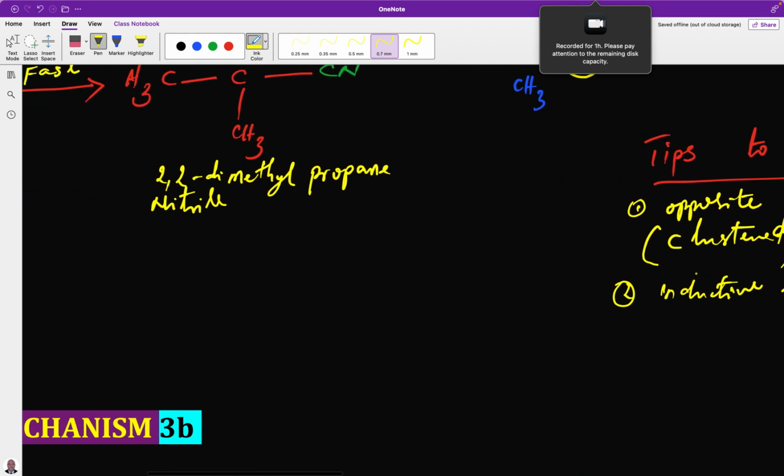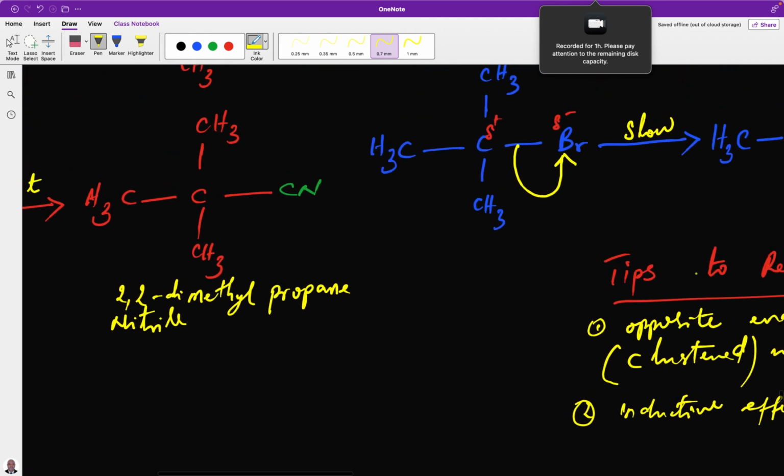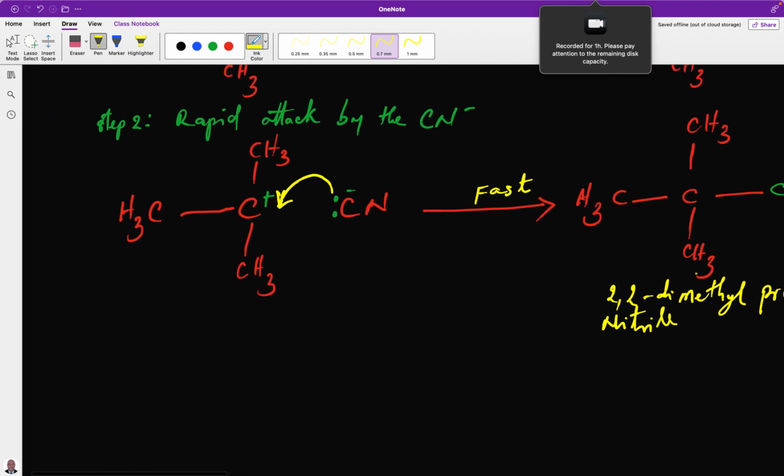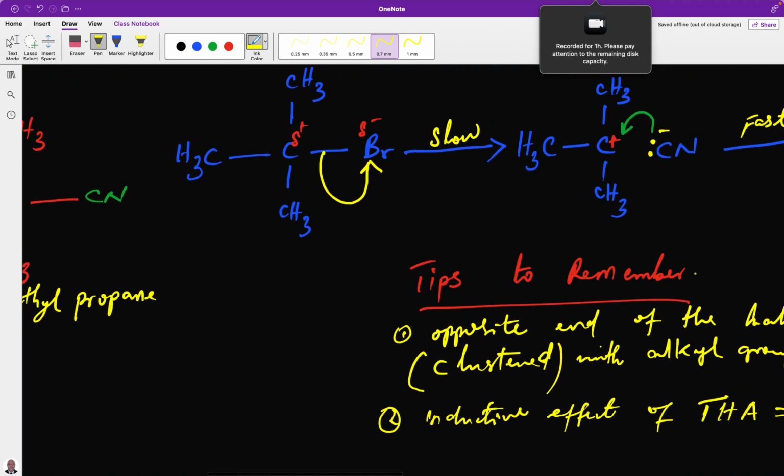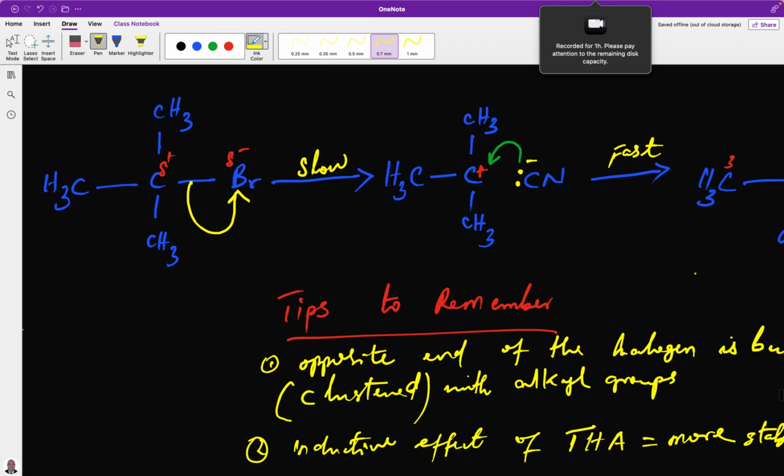So now, look at this one again here. The inductive effect. In this molecule, here we have 1, 2, 3 alkyl groups or methyl groups attached to this carbon holding the halogen. What does it imply? The methyl groups have inductive effects.